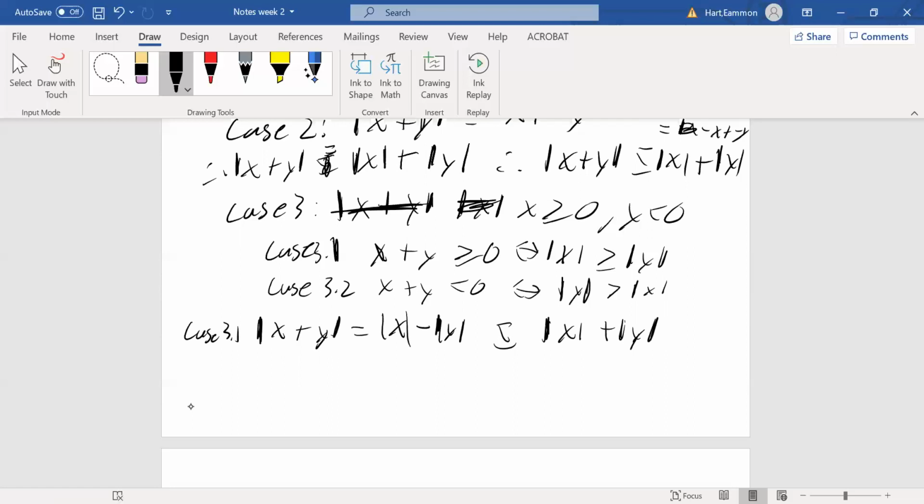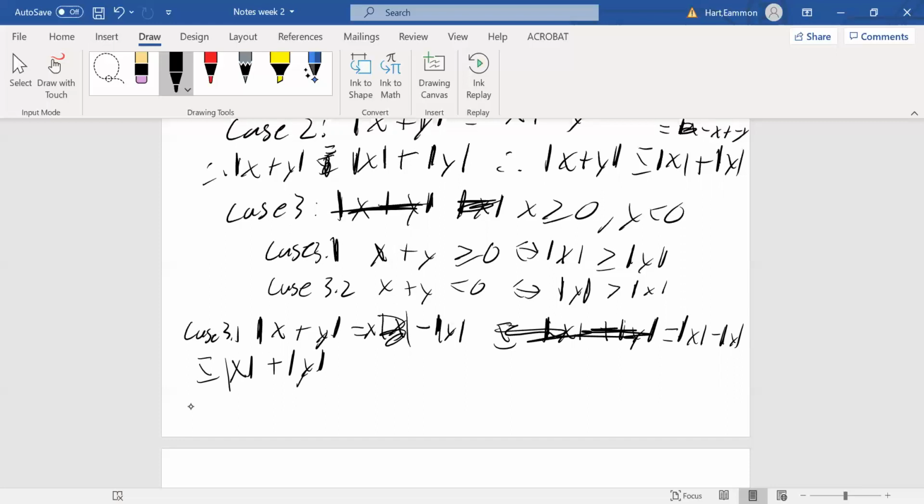That's the same thing as that. So I'm just going to write this as an extra step. So the absolute value of x plus y is equal to the absolute value of x minus the absolute value of y, which is less than or equal to the absolute value of x plus y. Cool. This is because the absolute value of y is going to be non-negative.